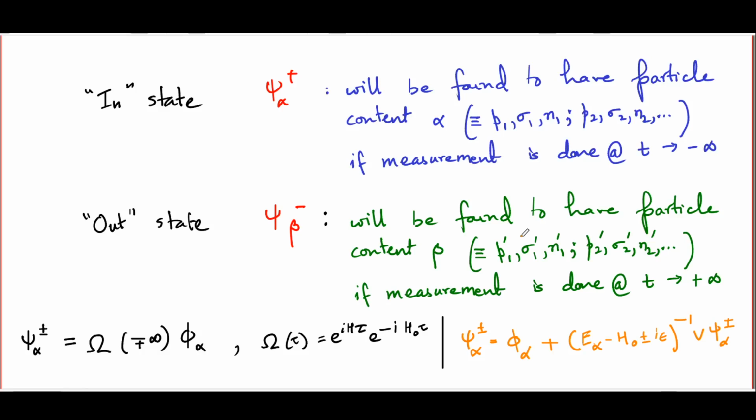This is called the Lippmann-Schwinger equation. It is not a solution for psi alpha plus minus because the unknown, the in and out states, are actually stuck on both sides of the equation. But this, among other things, gives us a nice possibility for perturbatively figuring out how psi alpha plus minus differs from phi alpha step by step, by which I mean in powers of the interaction V.